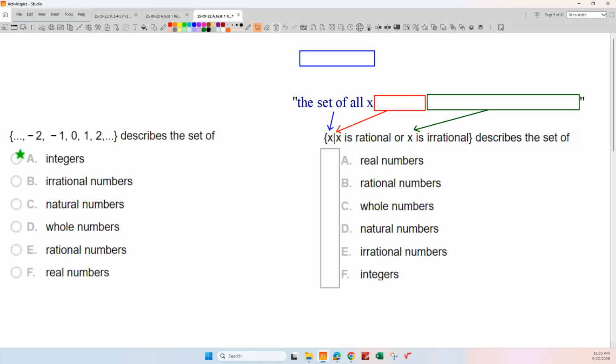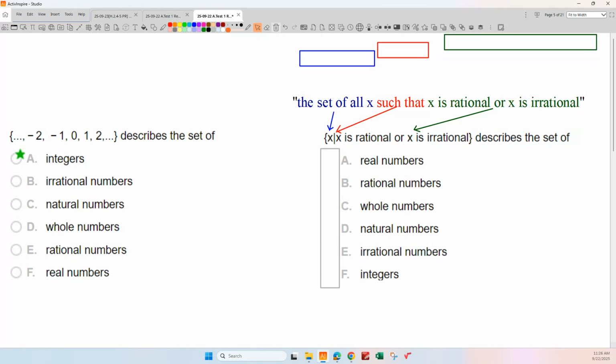Set builder notation always starts off telling us what set are we talking about. In this case, it's the set of all x. How about that vertical bar? What does that mean? What are the words that that represents? It's not an operation. It's not an absolute value thing. It just represents some words. Such that, remember that? The set of all x such that, and then the rest of it.